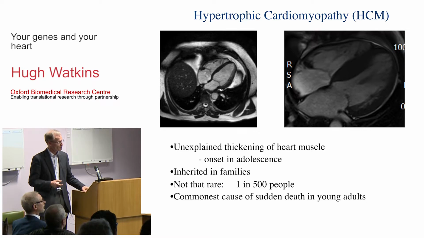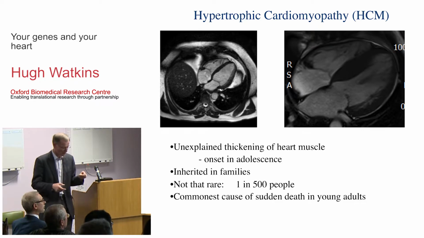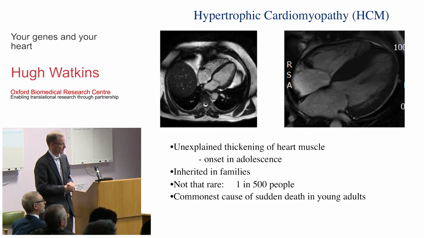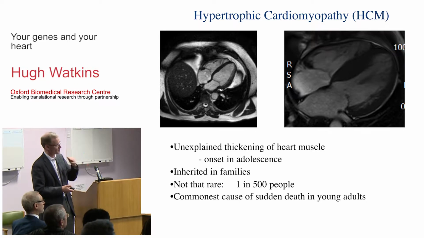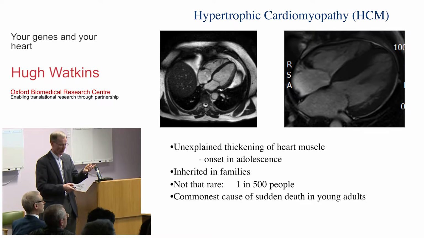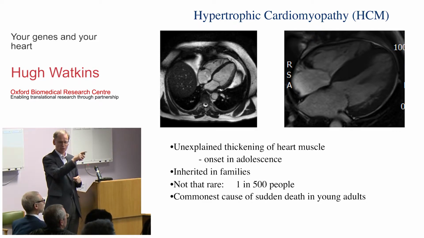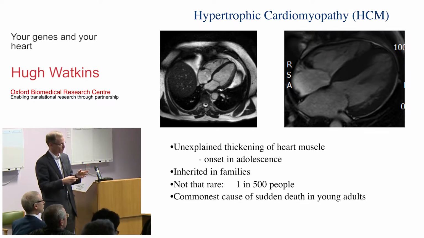So these are some of the features of the condition that you need to know to understand the talk. So it is inherited in families. This is a genetic condition, and we've known that since it was first described in the 1950s. If someone's got it, you'd usually find either their mum or their dad had it too and have passed it down. And if they've got it, usually half of their children will have it.